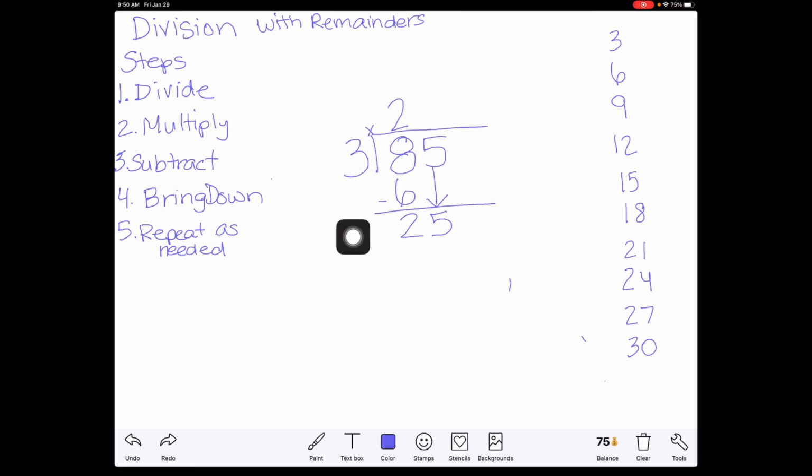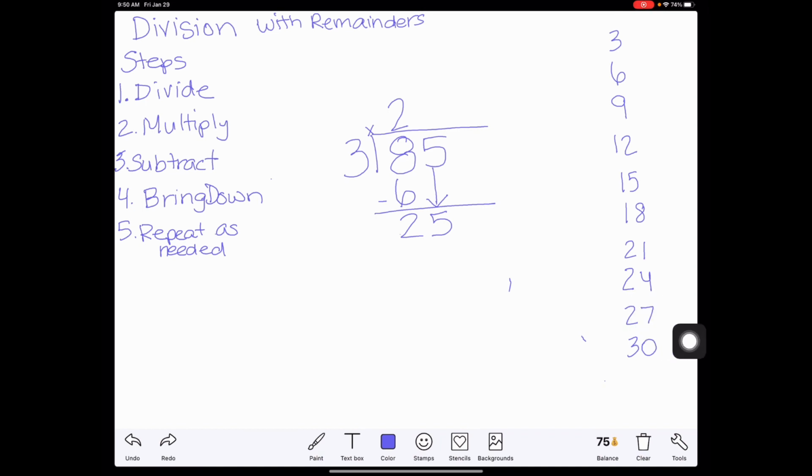So I am going to go back to the top and I'm going to first divide. So I need to see how many groups of 3 I can get out of the number 25. So I'm going to come over here to my handy dandy list of multiples and I'm going to find a number that's close to 25 without going over. And I see that it is the number 24.